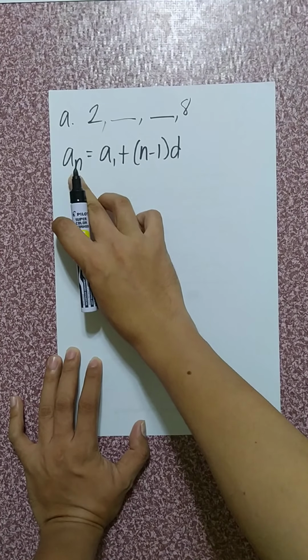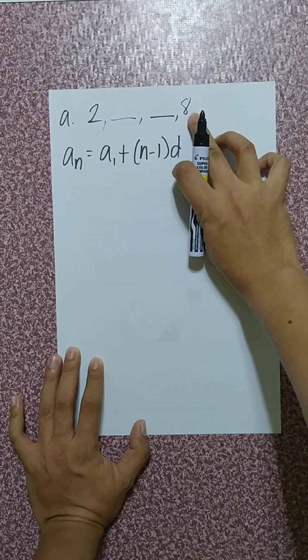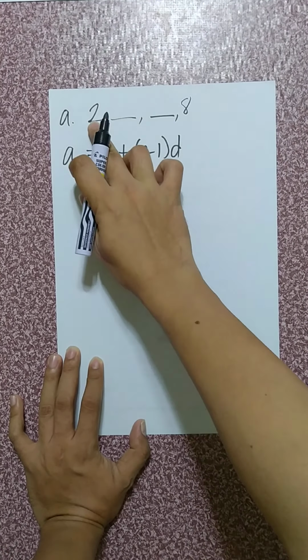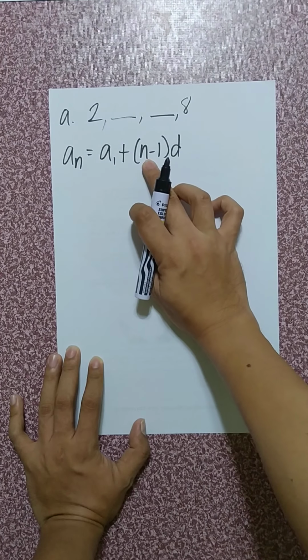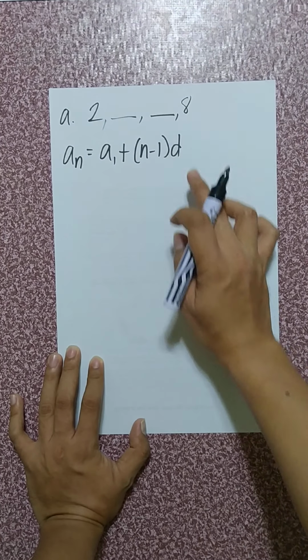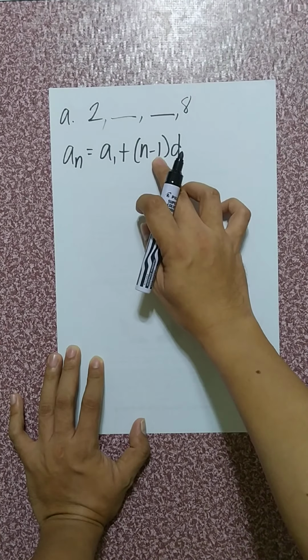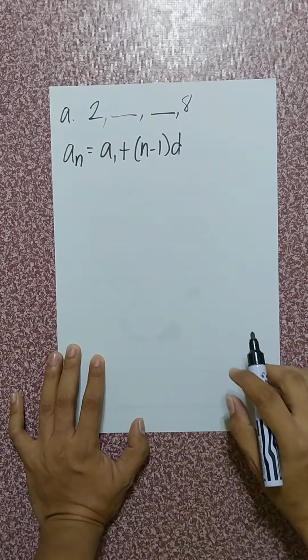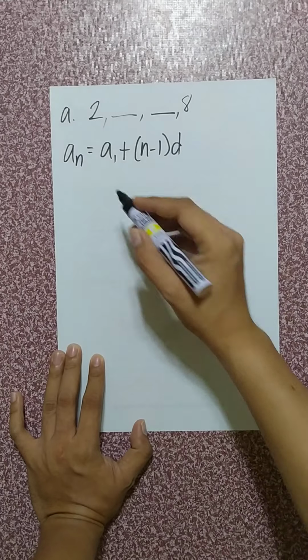So ano naman yung ating mga gagamitin na values para dito sa ating mga terms sa formula? Yung a sub n natin, that will be the last term. A sub 1, the first term. And still the number of terms, 1 is constant. Then ito ang hahanapin natin. So we're going to substitute it directly sa ating formula.